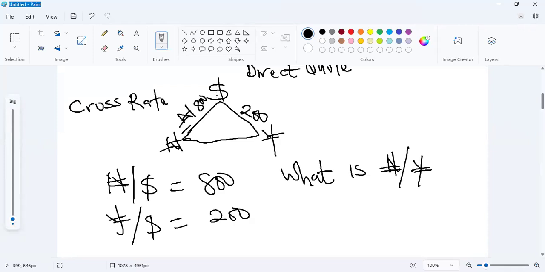We say cross rates is the implied exchange rate between two currencies based on the explicit relationship with the third currency.